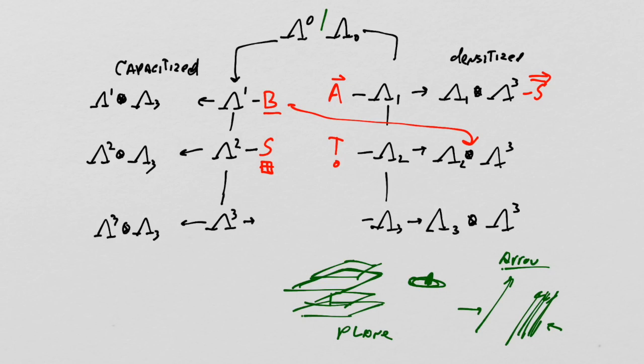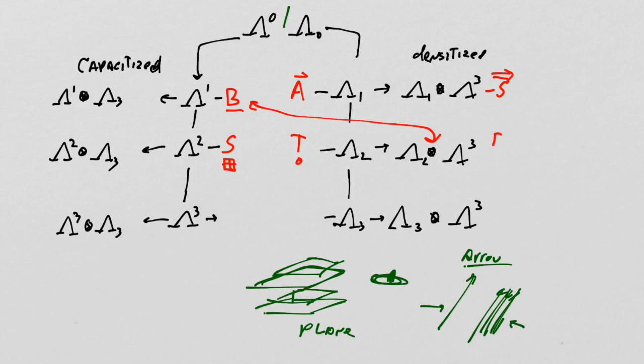So there is this isomorphism where every form is a densitized 2-vector. Just as every 2 form is a densitized vector, every form is a densitized 2-vector. So this isomorphism here is what we're going to have to work with.